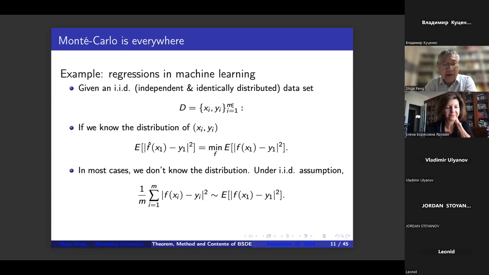But here we can see that it is IID in a nonlinear expectation, with respect to nonlinear expectation.